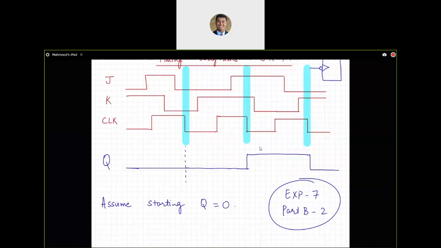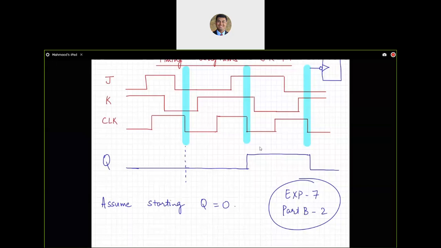So that's kind of what we have been doing so far in terms of JK flip-flops. And before I go ahead and actually build the circuit in part B of experiment 7, I want to talk a little bit about how we are able to implement memory, or the concept of a bit being stored, in logic gates.